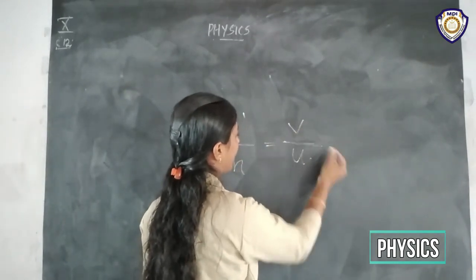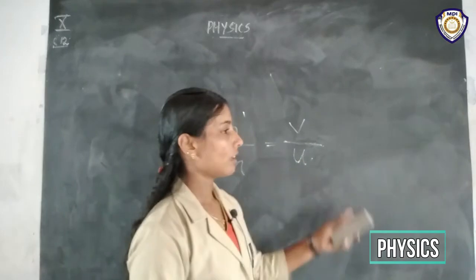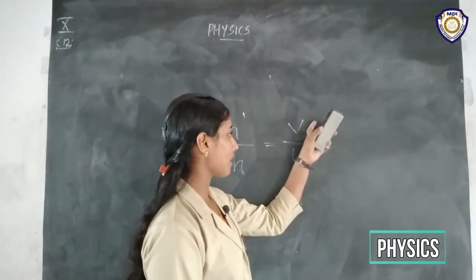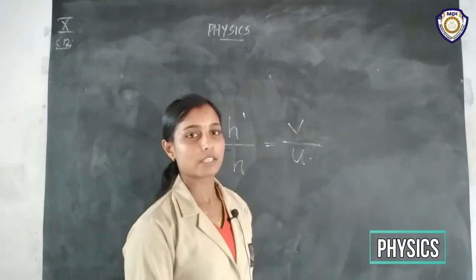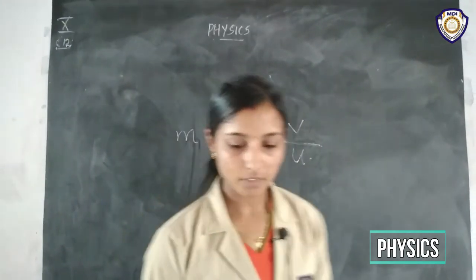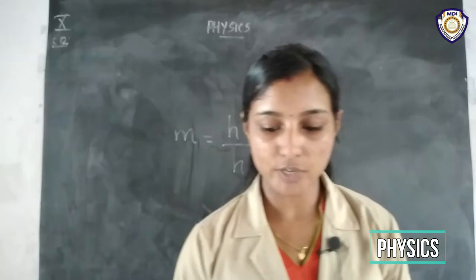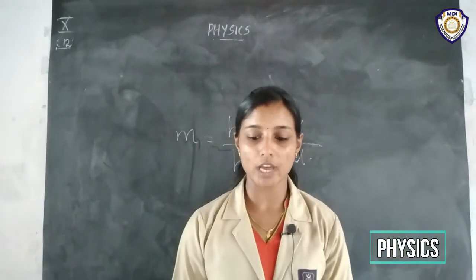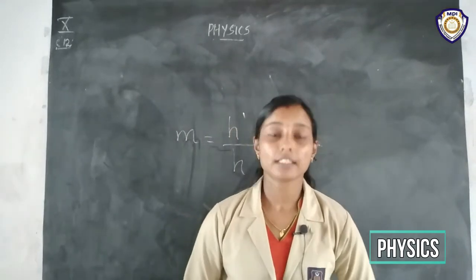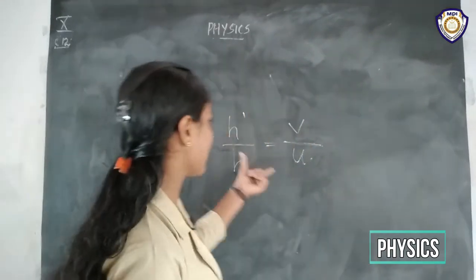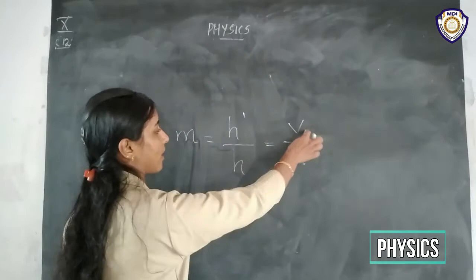That is, we can calculate magnification by v by u, image distance to object distance, right? So the magnification produced by a lens is also related to the object distance u and the image distance v. This relationship is given by m is equal to v by u.